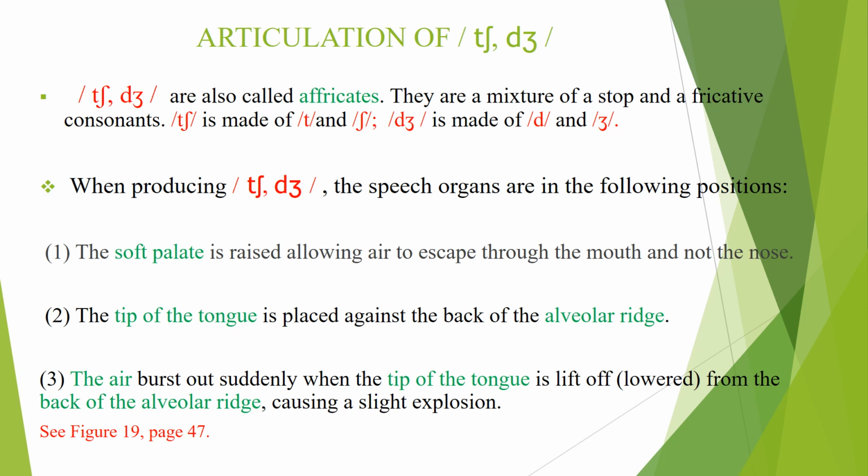When producing ch and j, the speech organs are in the following positions. The soft palate is raised. The tip of the tongue is placed against the back of the alveolar ridge. The air bursts out suddenly when the tip of the tongue is lifted off or lowered from the back of the alveolar ridge, causing a slight explosion.